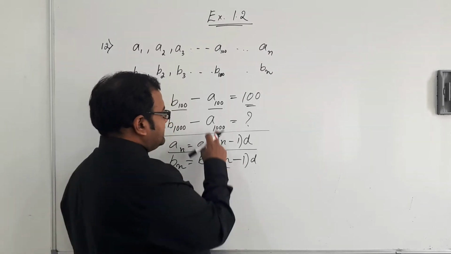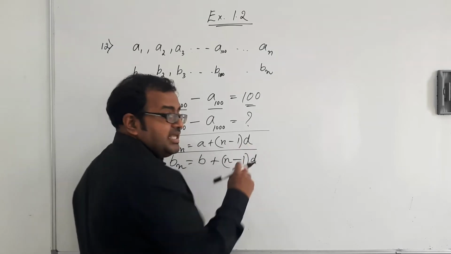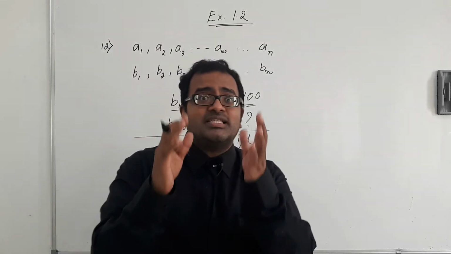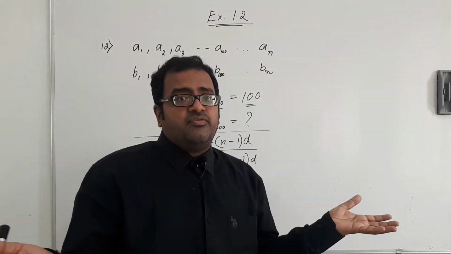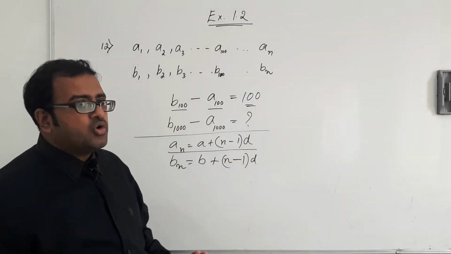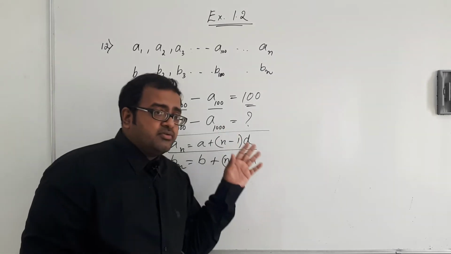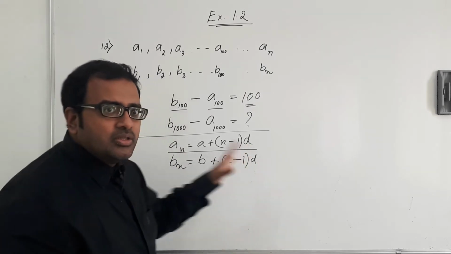Why? n remains same on both sides, same number I want. And d, they have given in the question that the common difference is same. Suppose the common difference of the first one is 5, and for the second one it is also 5. So if it is d here, the other one is also d. You don't have to change it. If they were different, we could have called them d1 and d2. But they both are same, so I will call it the same d.